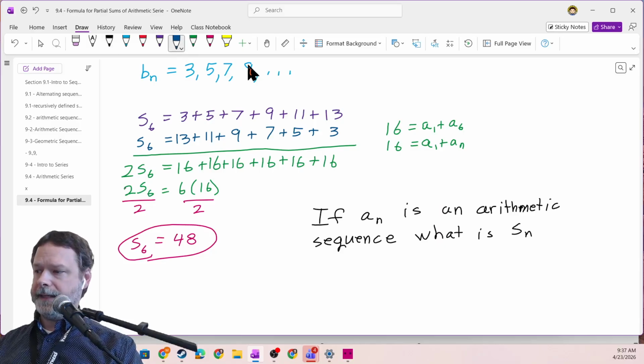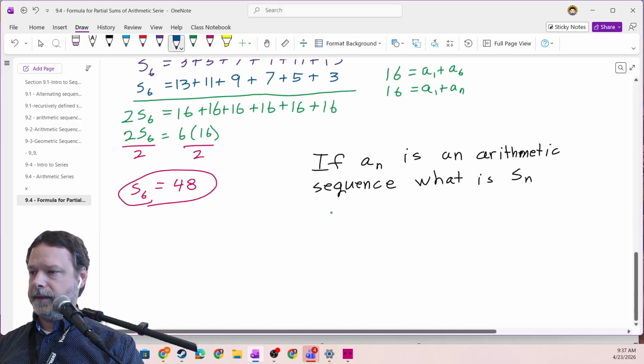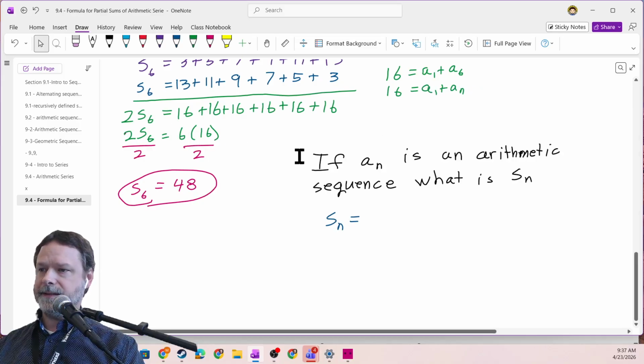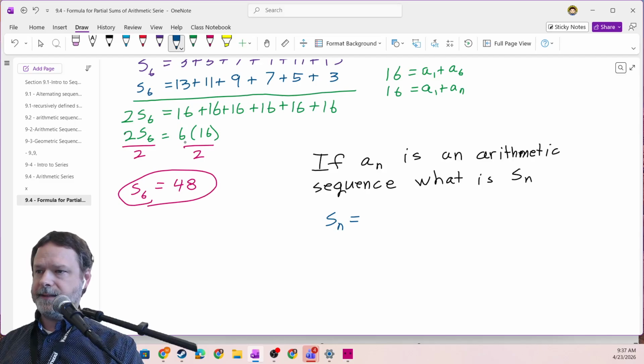Well, I think we got it. S sub n is going to be, each time, n times A sub 1 plus A sub n. Right? This 6 was n. The 16 was A sub 1 plus A sub n.